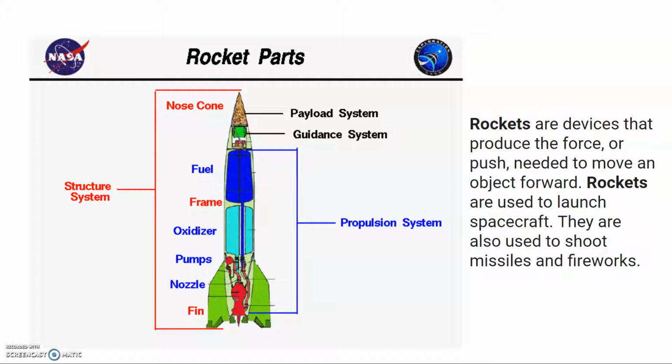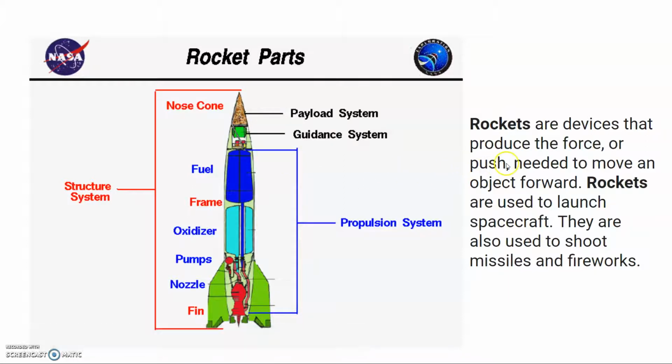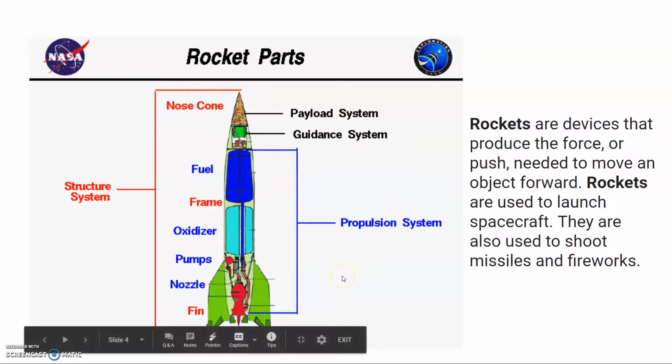So what you see over on the left is the structure of a typical spacecraft rocket. Things that are very important and common, no matter whether it's a spacecraft or a firework or a missile, is that we have some sort of propulsion system, something that is creating the push needed to propel it forward.